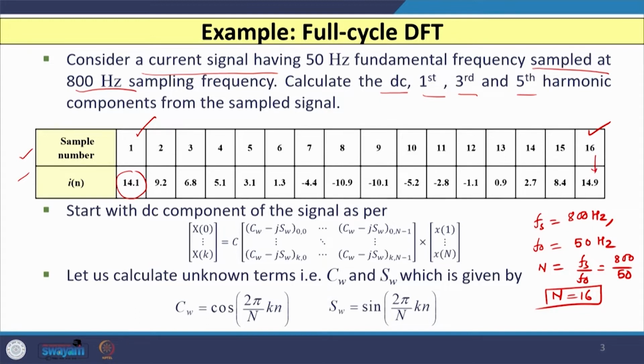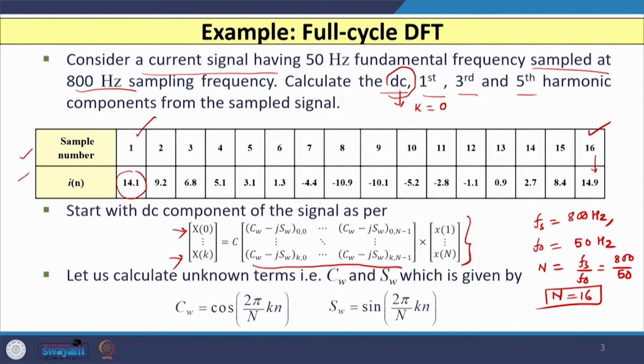Now, let us start with the calculation of the phasor value of the DC term. For this we have to put the value of k equal to 0. Our original equation on the left hand side starts from X of 0 to X of k, which is equal to C multiplied by the weight matrix and the sampled value matrix.